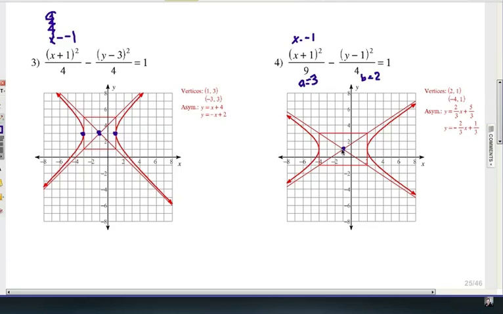We go horizontally 3 spaces in both directions, and up and down 2. Draw your square. Draw your asymptotes diagonally, and the vertex goes there, curving up towards the asymptote, down towards the other asymptote, and the other vertex is in a similar direction, opening from the left to the right, and there's your hyperbola. Excellent.